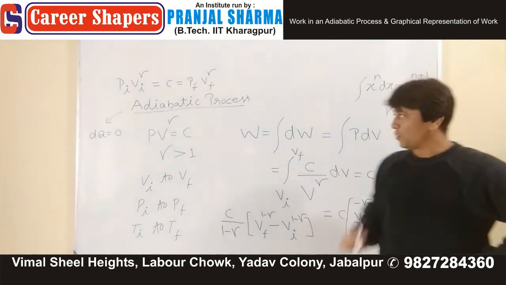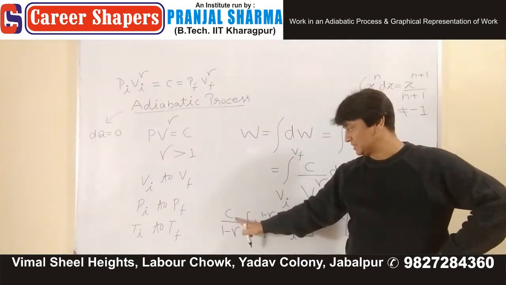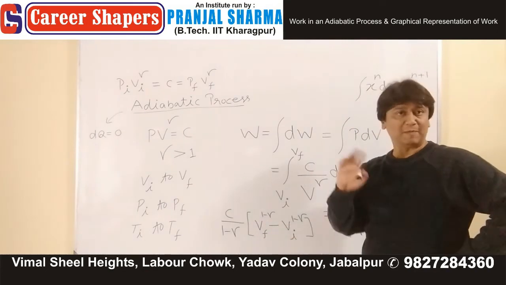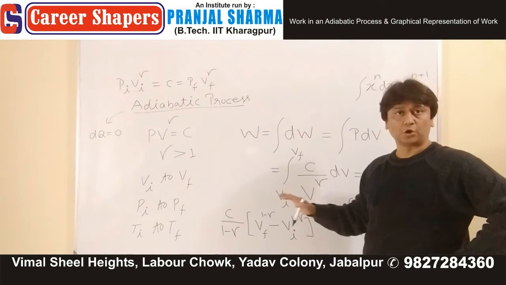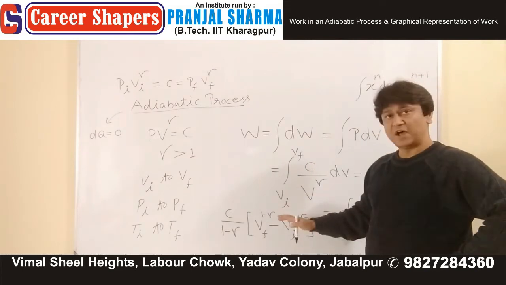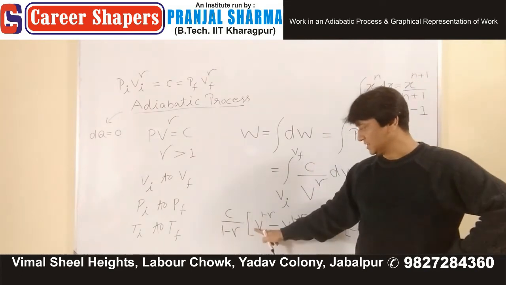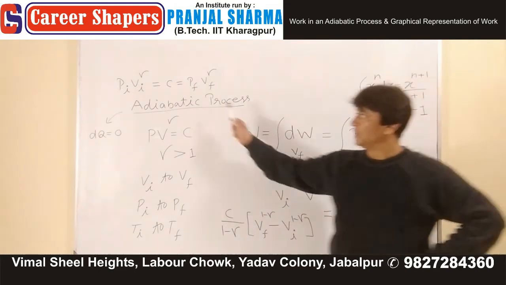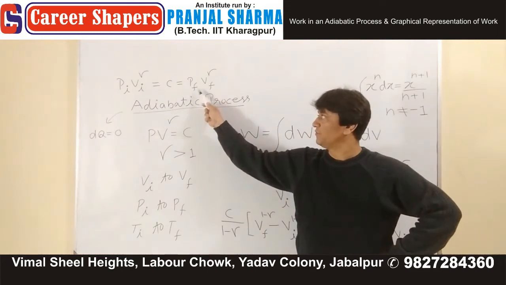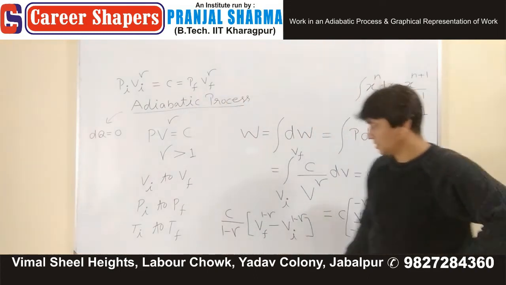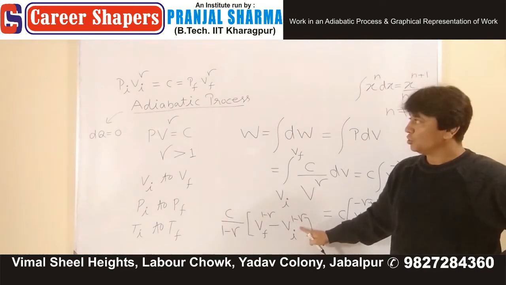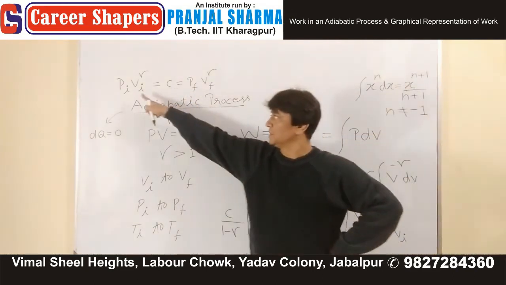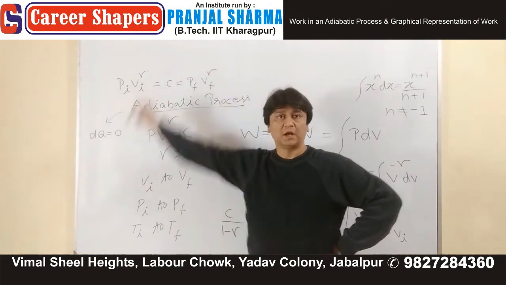So what we are going to do is, when you multiply C inside, remember this step. If they ask this question in school examination, that's how you will simplify this. When you multiply C with V final, you will take value of C as P final, V final gamma. When you multiply C inside with V initial, you will take value of C as P initial, V initial gamma.